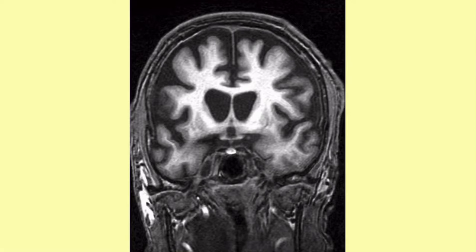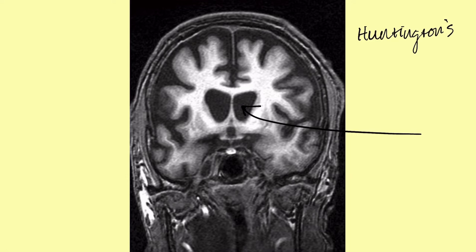Okay, now this is a patient with Huntington's. Now, what do you notice here? Notice these big ventricles. This is called hydrocephalus ex vacuo.